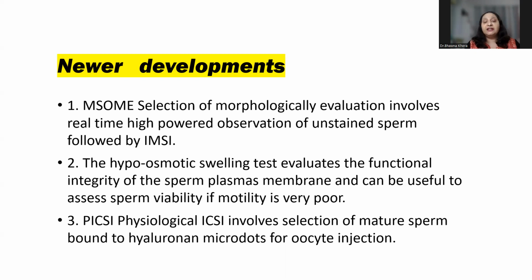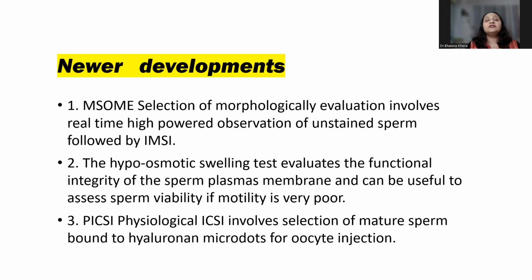Then there is PICSI, which means physiological ICSI, in which you select a mature sperm which is bound to hyaluronan microdots. Why? Because for the oocyte, there is hyaluronic acid which has to be bypassed by the sperm. So those sperms which can actively bind to the hyaluronan microdots can penetrate the oocyte well.